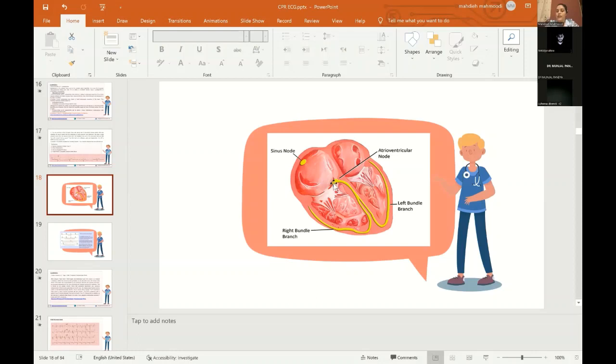But since this is a complete block, another spot in the ventricle comes up and starts creating its own action potential, and the ventricles contract due to that. So the atria and the ventricles are contracting completely separately.